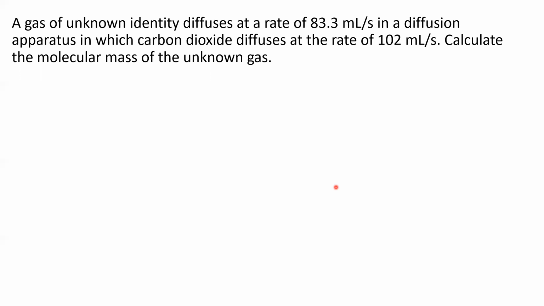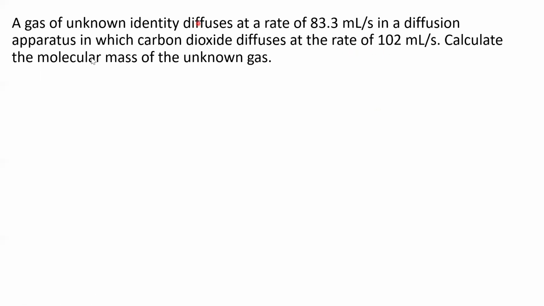So let's look at another way these questions can be worded. Okay, we have an unknown gas this time, and its effusion rate is 83.3 milliliters per second. And carbon dioxide is 102 milliliters per second.